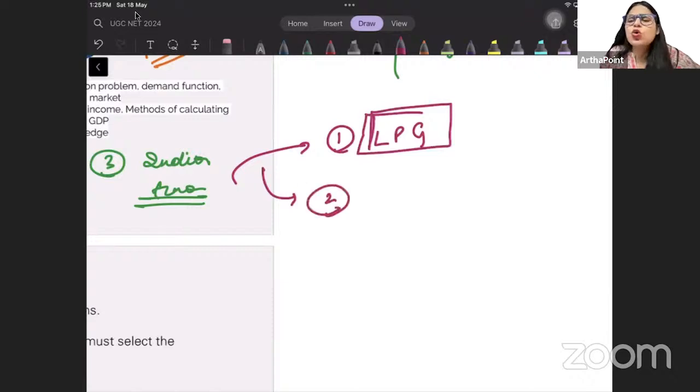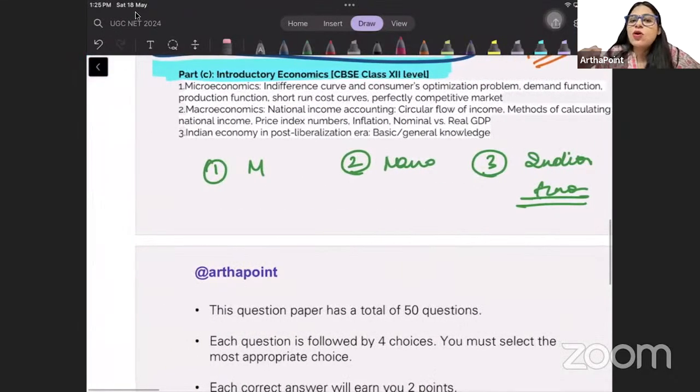Secondly, you don't have to focus on the period since independence or before independence. You don't have to focus on the British era. You just have to focus on the post-liberalization era, on what happened during 1991 and post-1991.